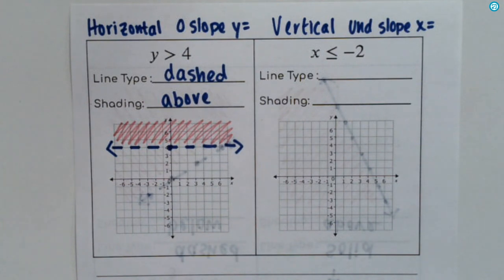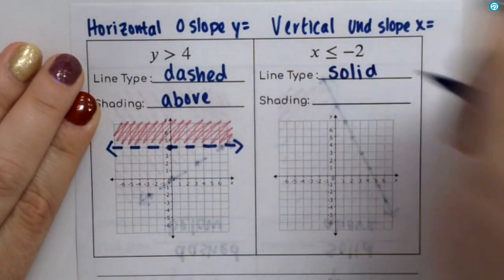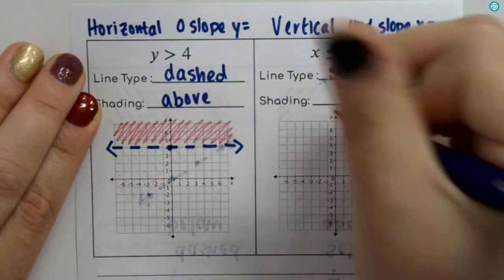Okay. And then the last one, vertical line, because it's x. So I've got x is less than or equal to -2. So since it's less than or equal to, the or equal to is what makes it a solid line. The less than is what makes me shade below.